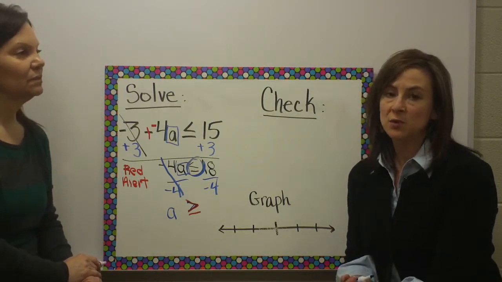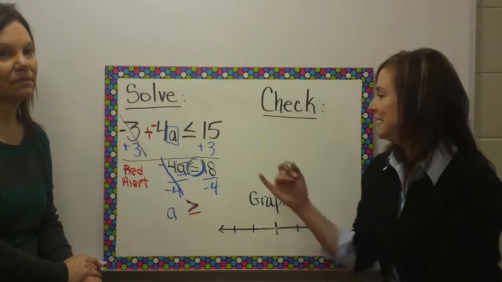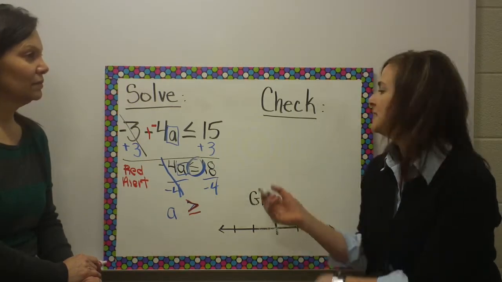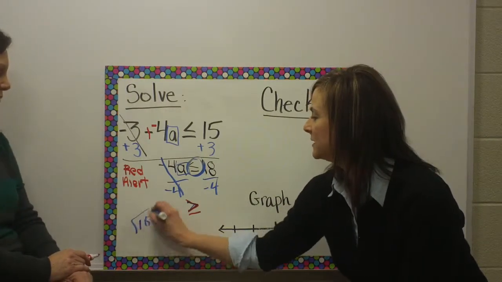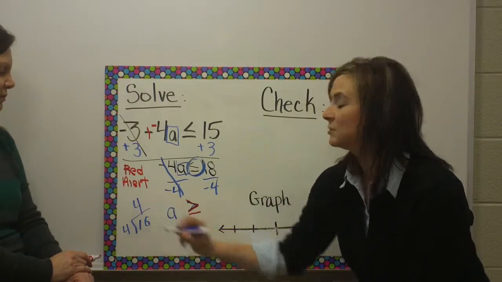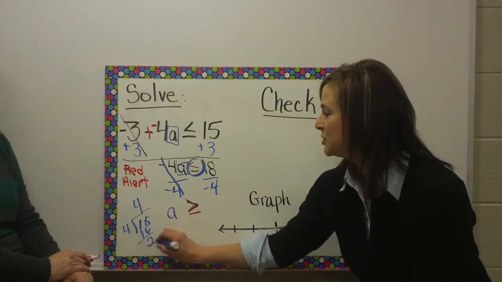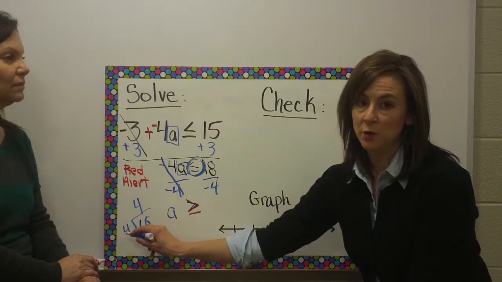I know that this is going to end up in a rational number because nothing evenly will work. 4 times nothing is going to evenly give me 18. So I'm going to sneak over here and I'm going to divide. I know the closest I can get is 4. And I'm left with 2. So 4 and 2/4, which I know is 4 1/2.